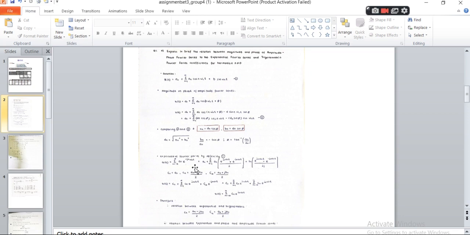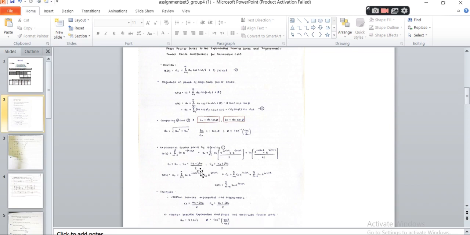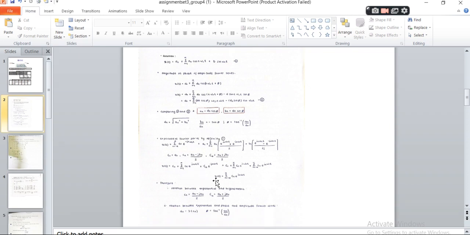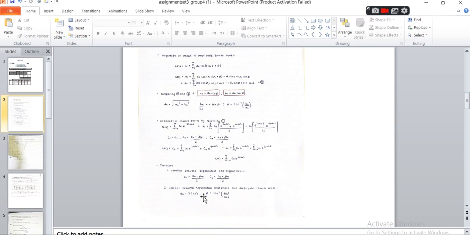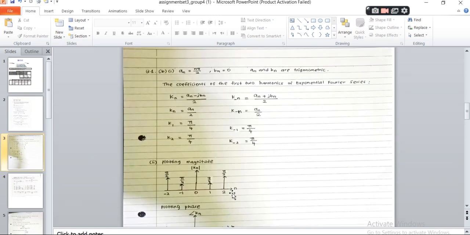For the exponential Fourier series, we use Euler's equation and we get x(t) like this. The relationship between the exponential and trigonometric is c_n equals (a_n minus jb_n) over 2, and c_minus_n equals (a_n plus jb_n) over 2. So the relationship also holds for the phasor and the magnitude: this is for the magnitude, this is for the phasor.